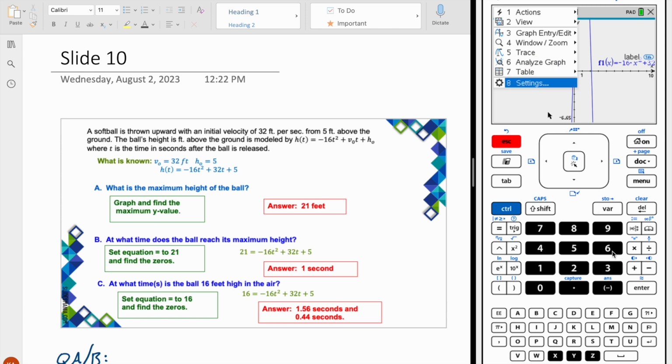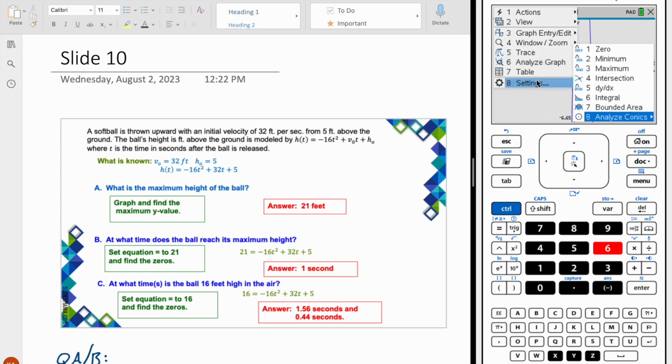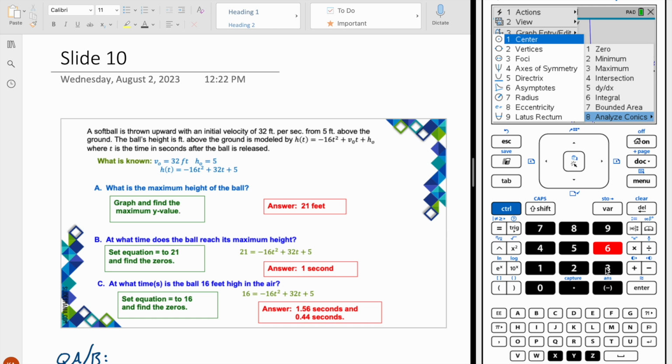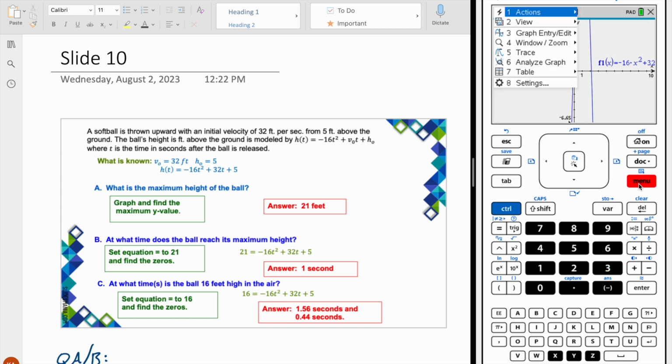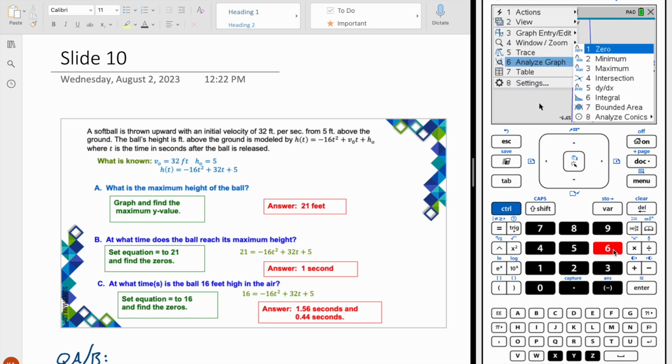When you hit 6 on your keypad, notice it opens up the menu for analyzing the graph. You find what you're looking for, which in this case is going to be maximum, number 3. Let's run through that one more time: menu, analyze graph, 6, maximum 3.